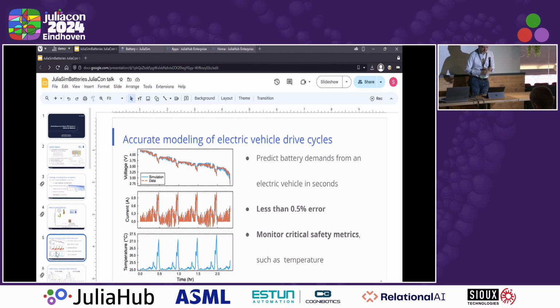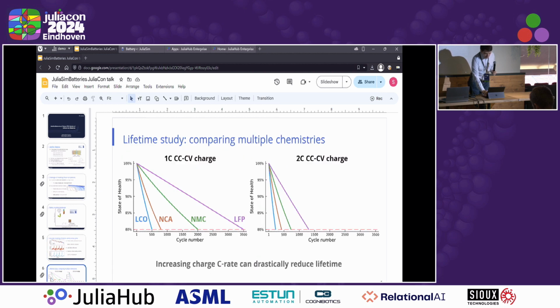And now, speaking of this, in the process of designing batteries, it's useful to study different chemical compositions that you might use for the battery, and in this case I'm presenting a comparison between several chemistries.